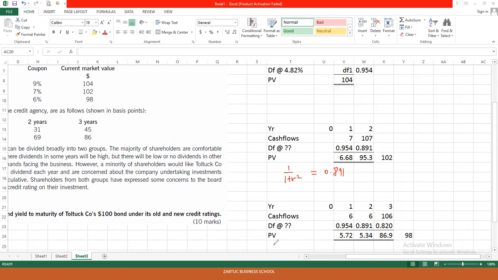And this one, 1 over 1 plus r to the power 3 gives us 0.820. Please, can you solve for the r in each one of these cases? Let us solve.